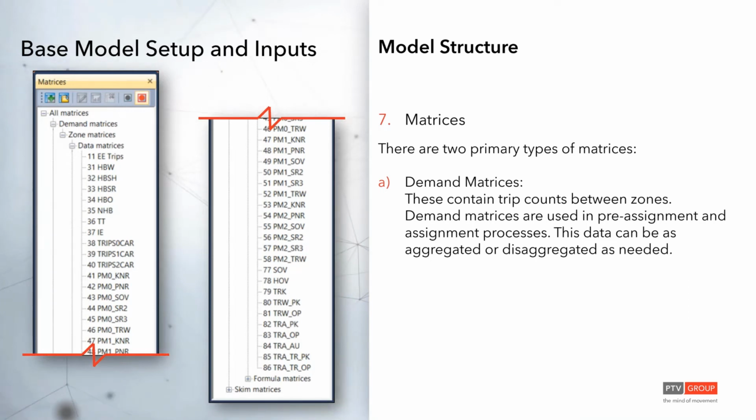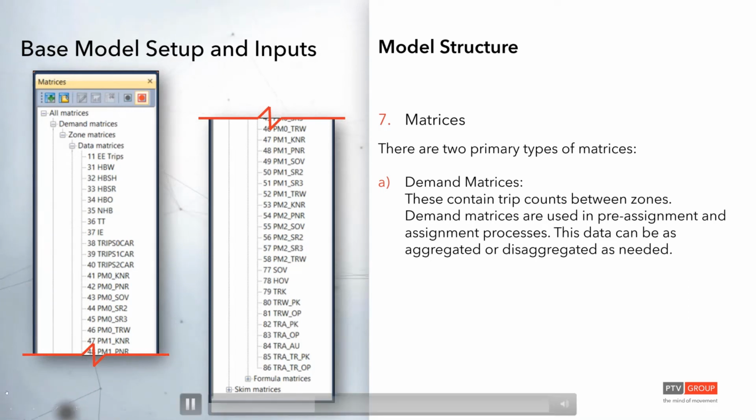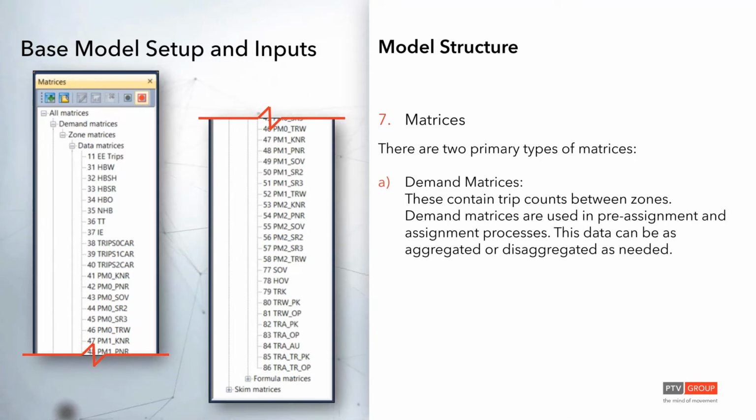And then those are combined for the assignment process later on down the road. So your standard OD matrix represents trips between 2 zones. But it doesn't have to be total trips. It can be some subsegment of your population.